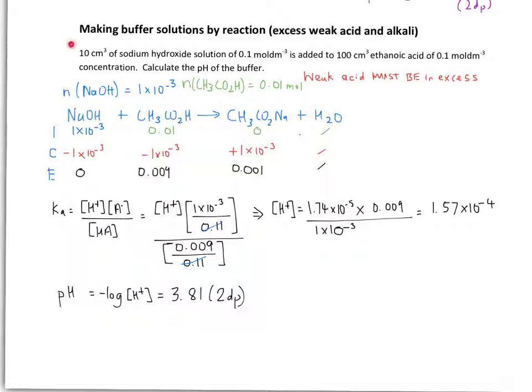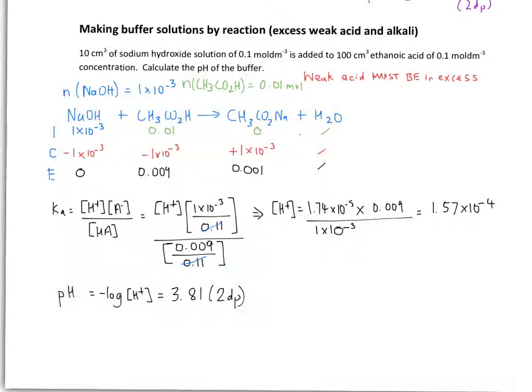We've got this volume and concentration of sodium hydroxide, and this volume and that concentration of the acid. I've worked out the moles of those using n equals c times v. I then form an ICE table, so initial, change, end amount, and I've put the numbers of moles into the equation.